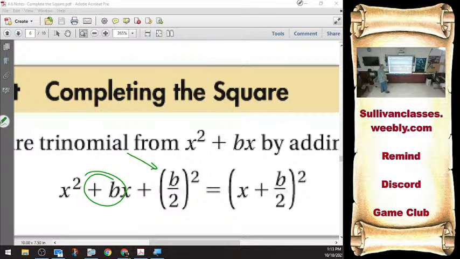And then after that, I get to write it as this perfect square binomial. This number will always be half of this or the square root of that. It's both simultaneously. It's half of the middle term and the square root of the last term. It is perfect. I have completed a perfect square trinomial.